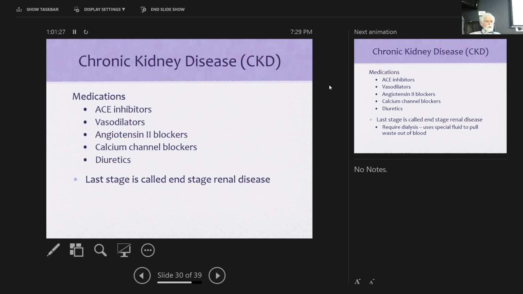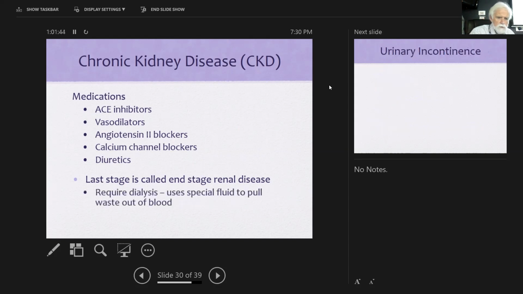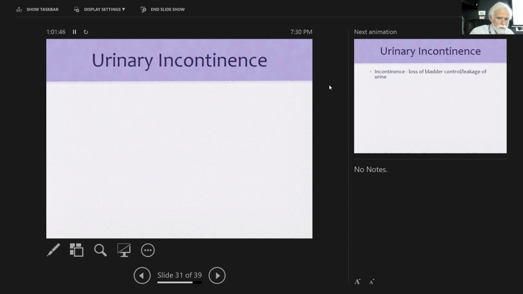But all of these can be used for blood pressure. The RAAS system is intimate in controlling blood pressure. So when it goes bad, if we can lower the blood pressure, we can reduce the possibilities of kidney damage. We have end-stage renal disease, which basically requires dialysis or kidney replacement.